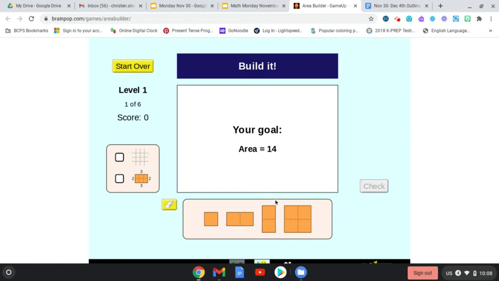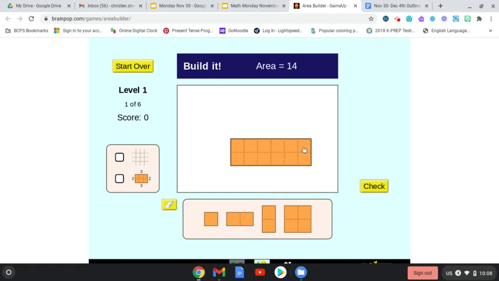That means that total, I have 14 squares total, okay? So I'm going to start with that. So that's 4. That's 8. That's 12. Now I can't do another 4 because that'll give me 16, and the area is supposed to be 14.